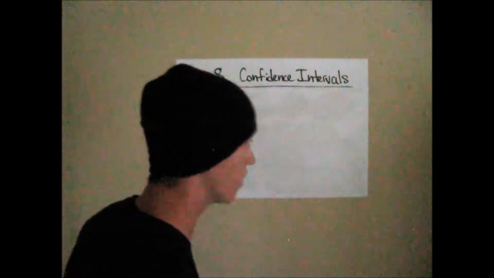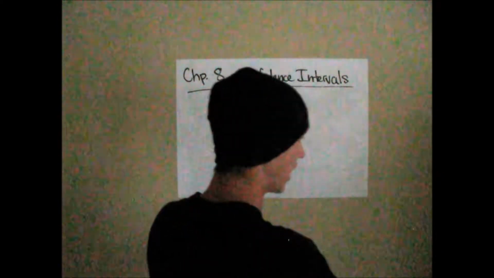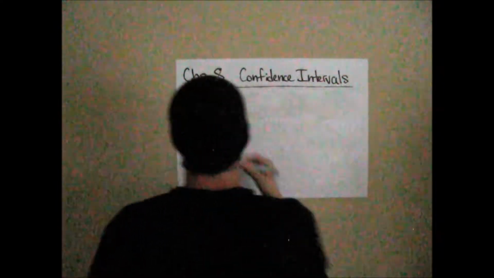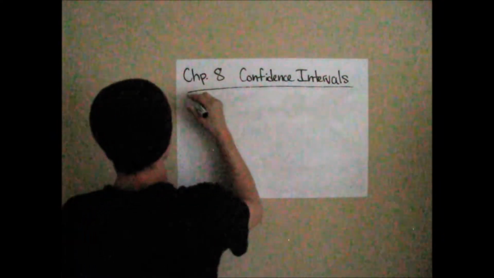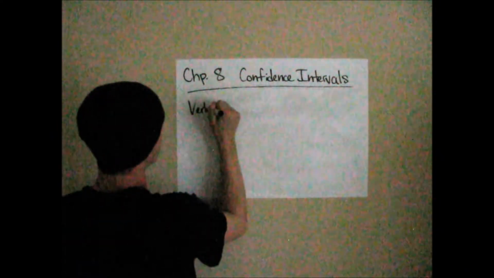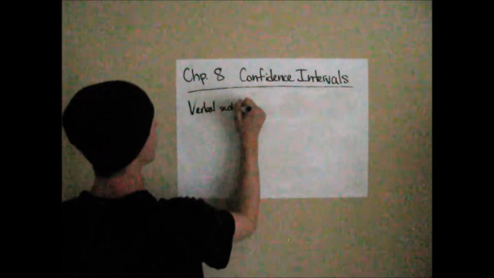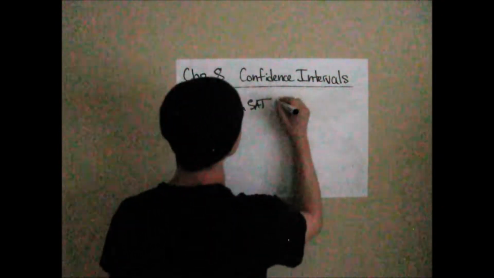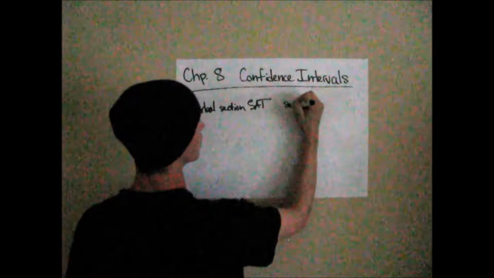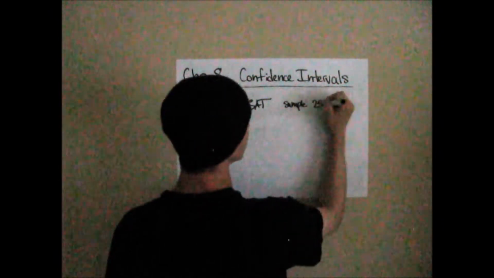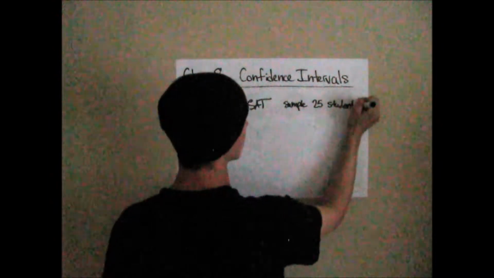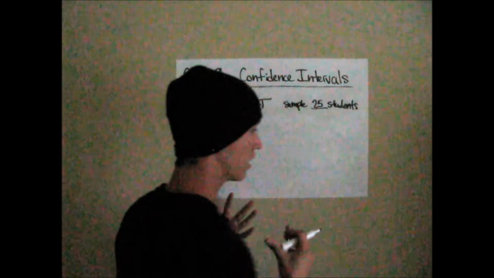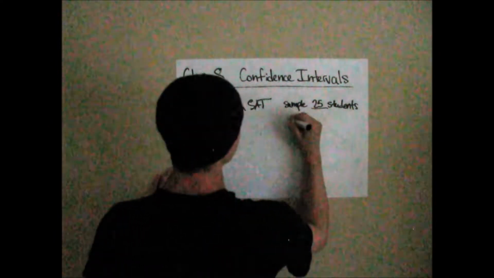We are now going to move into using confidence intervals to find the population mean from a sample. So we're going to start off with our example. On a verbal section of the SAT, we have a sample of 25 students, and their mean score was 480.